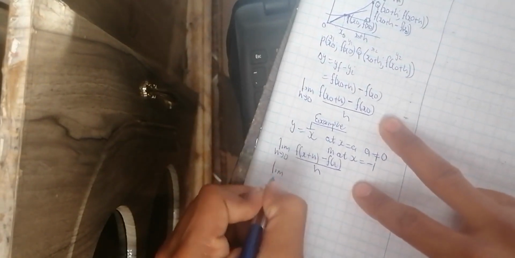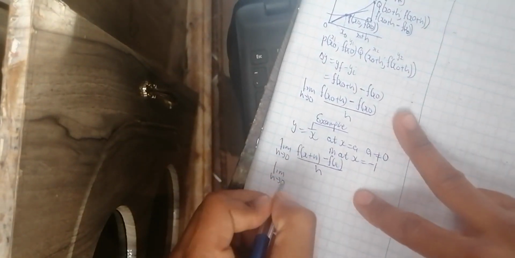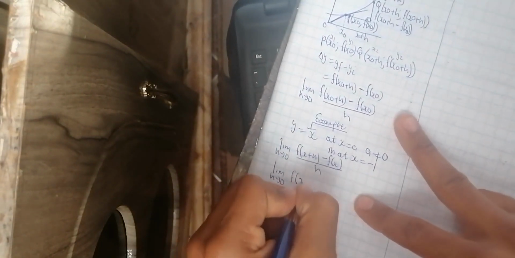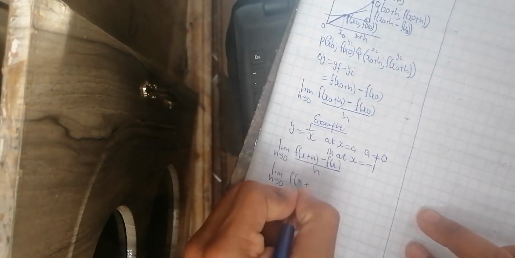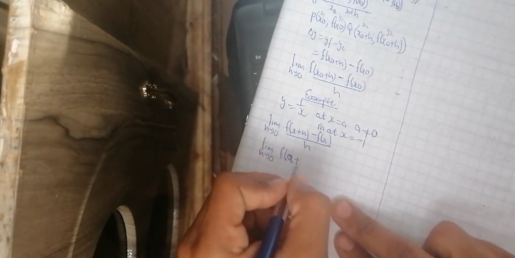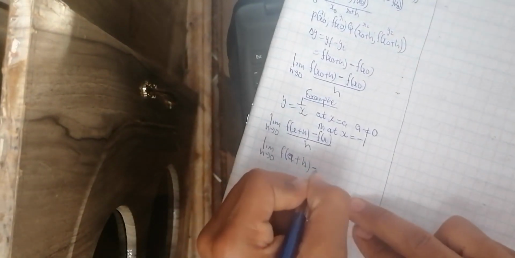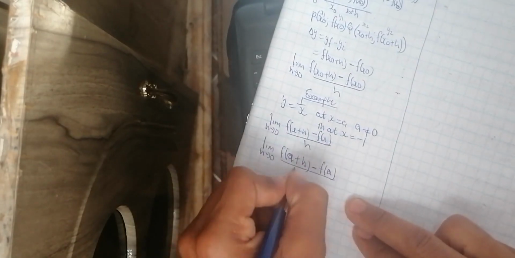So I might want to say the limit as h approaches 0 of f of a plus h minus f of a, divided by h. Where I see x, I write a. Now this is us trying to understand.